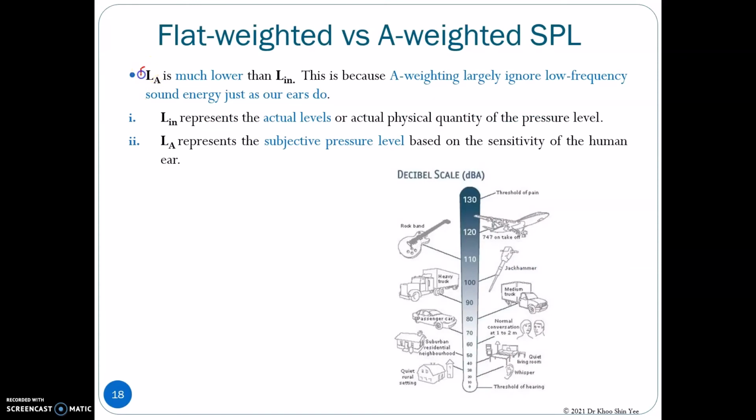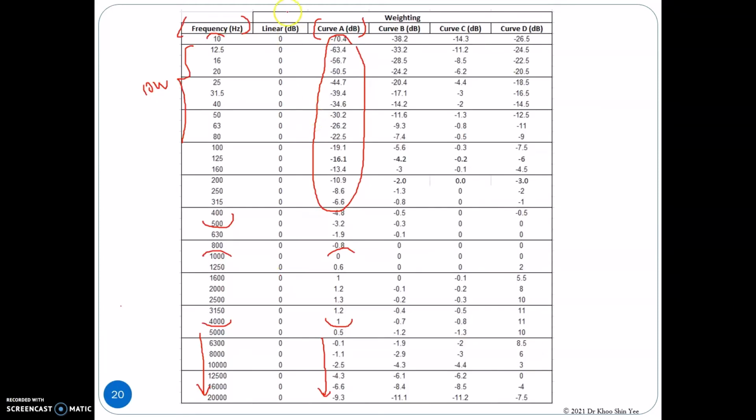In practical, the A-weight sound pressure level will be measured much lower compared to the linear or flat weight sound pressure level. From the table, you can see the Lin, which is the linear or flat weighting. We have the zero value correction across the frequency.